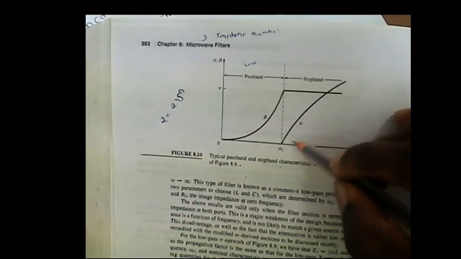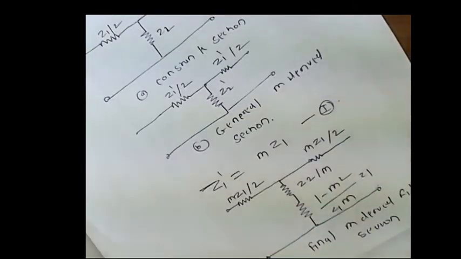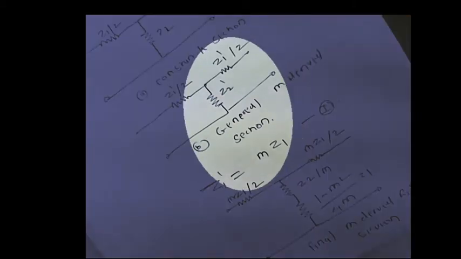The slow attenuation rate is very slow. So to improve the rate of attenuation of alpha, we use the concept of the M derived filter section, to improve the performance of the image filter design by the image parameter method. We use M. So M is the parameter which performs these functions.